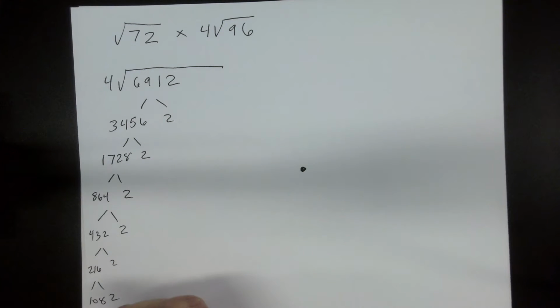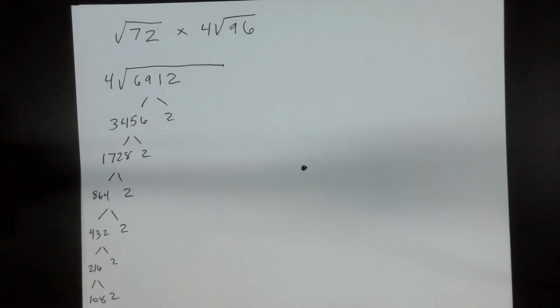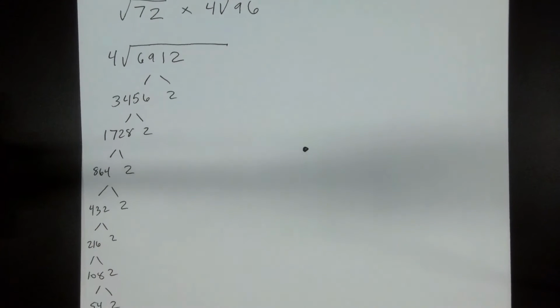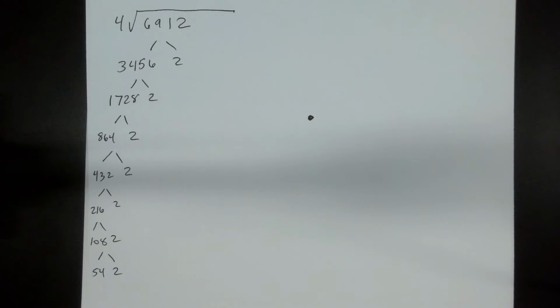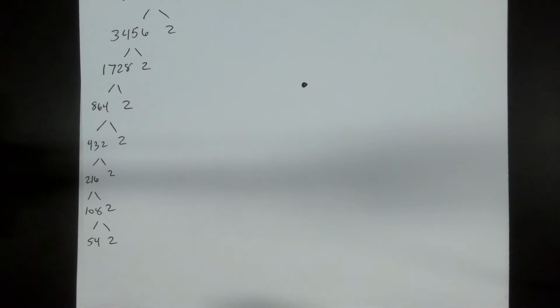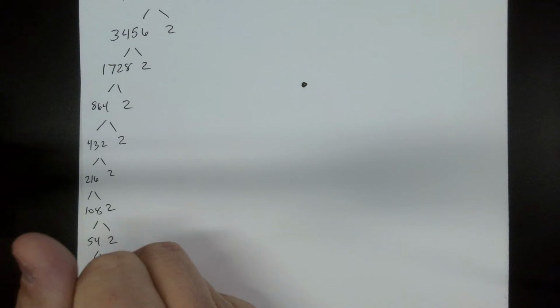I'm going to have to start going over here. 108 is 54. I'm off the page, aren't I? Look how far down here we are. Okay, everyone good? 27 and 2. No, 9 and 3. 3 and 3. Does everyone see how far down we have to go on that?